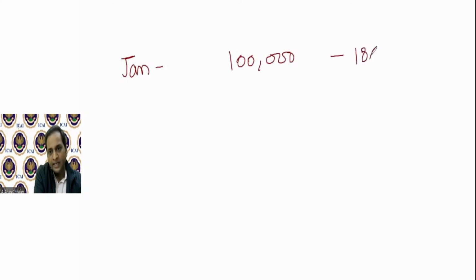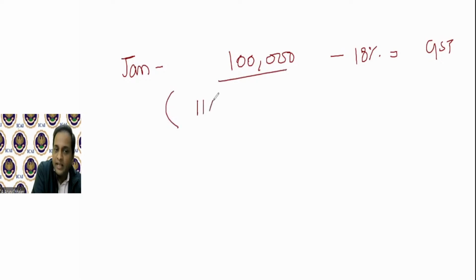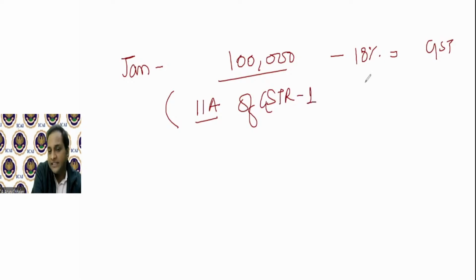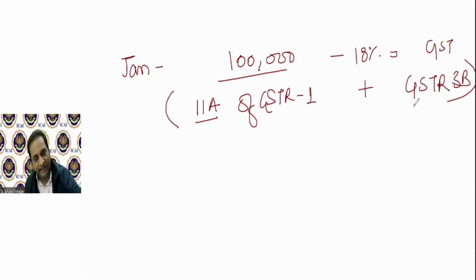I have paid the GST on that in the month of Jan because it is supply of service. Now, I have reported it in table 11A of the GSTR1, and taxes will always be paid through GSTR3B. Whenever we are talking about the payment of taxes, it will always be through GSTR3B.